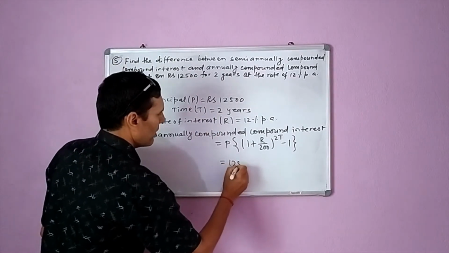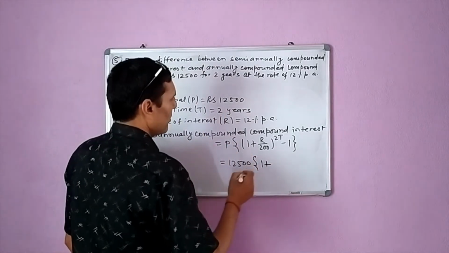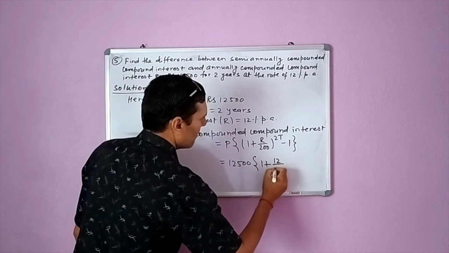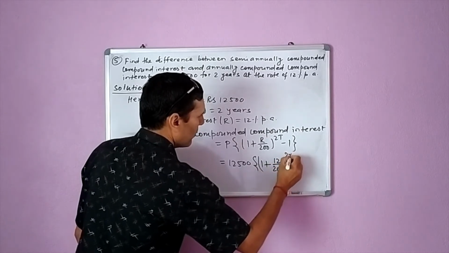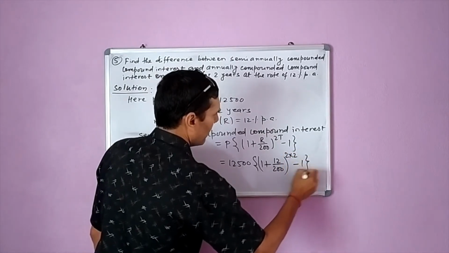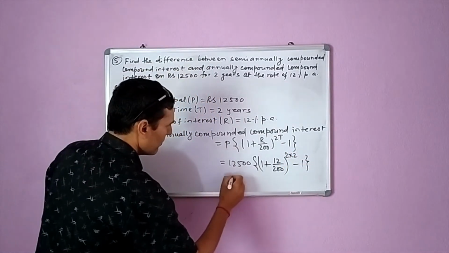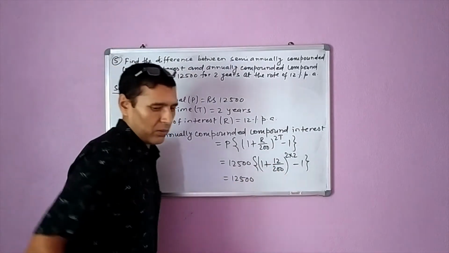P is 12,500, 1 plus R is 12, 12 upon 200 to the power 2 into the value of T, which is 2, minus 1. So it is 12,500 times this. So we simplify this.